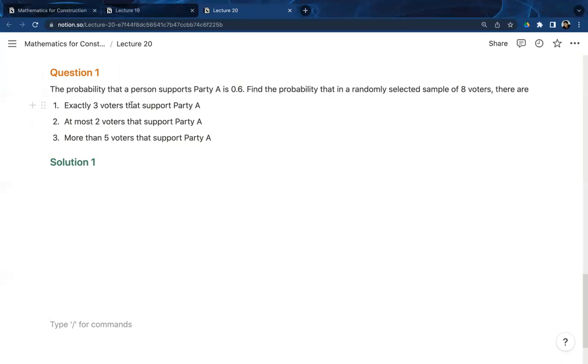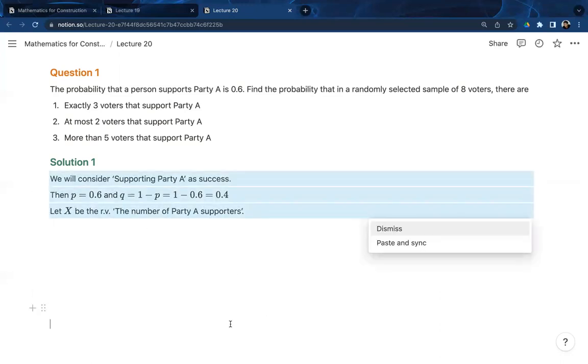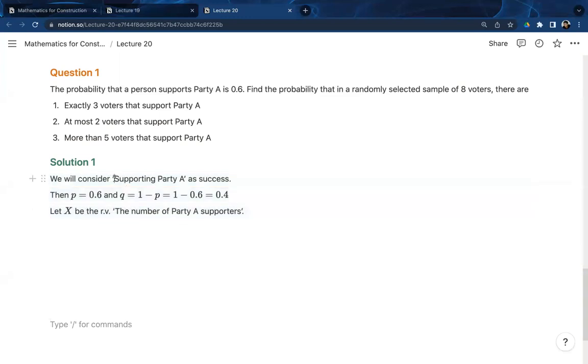Tell me if you think you could work out the first part, exactly 3. What we will do in the solution, we could say something like this. Consider supporting party A as a success. So the experiment is you ask somebody if they support party A, and a success is yes.